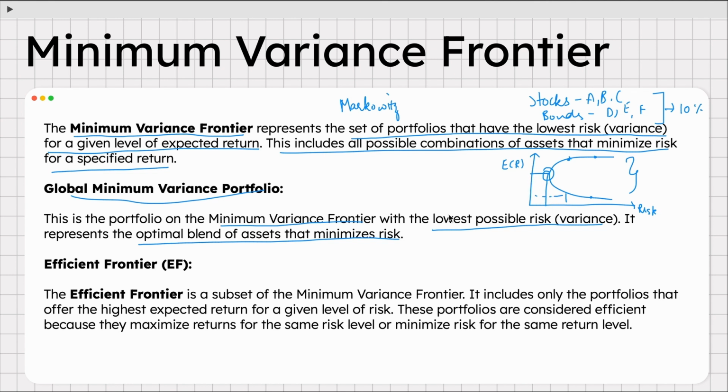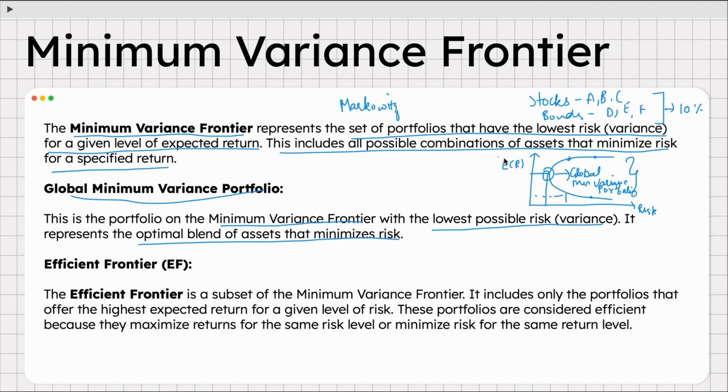Then we found out the point where the risk is lowest, and that will become our global min variance portfolio. Got it?